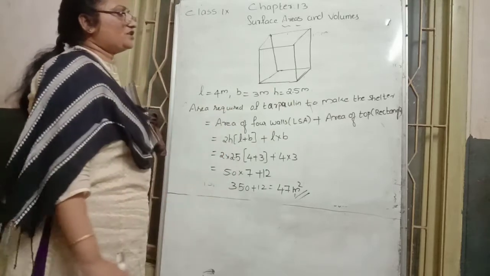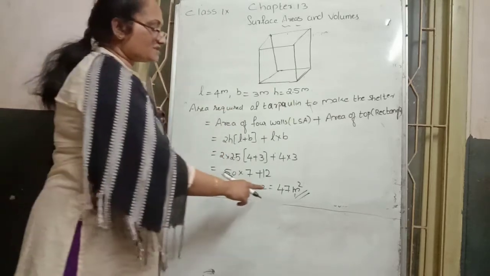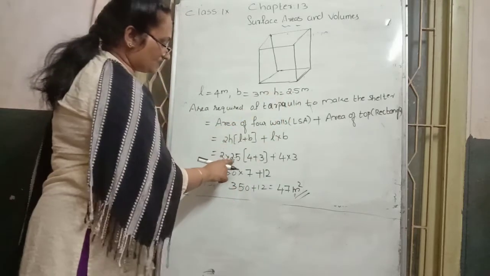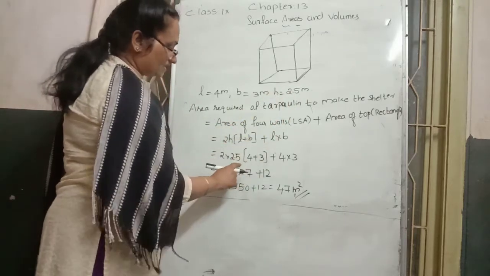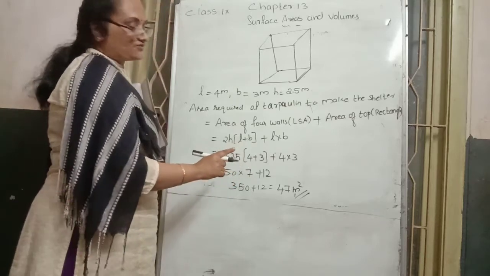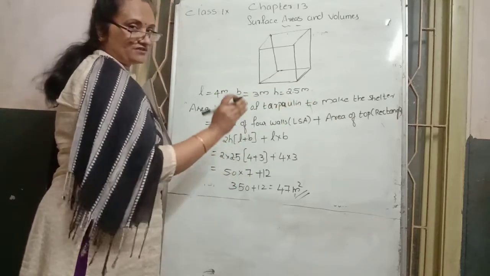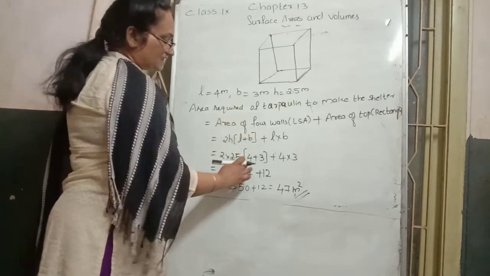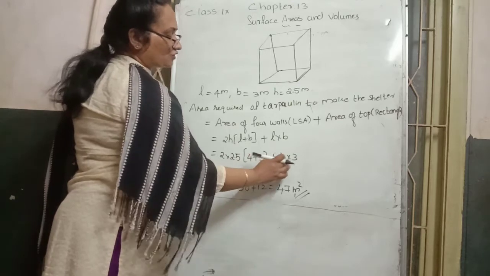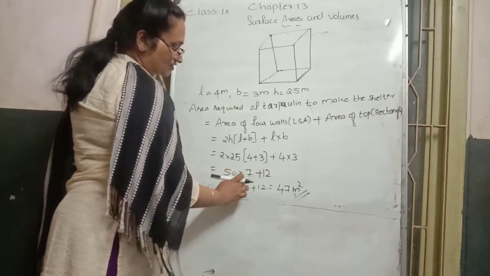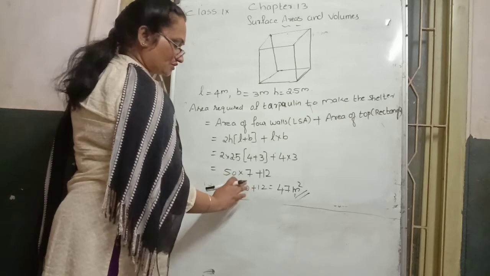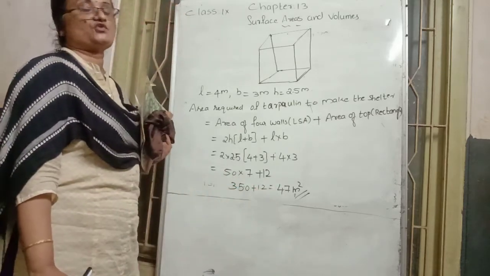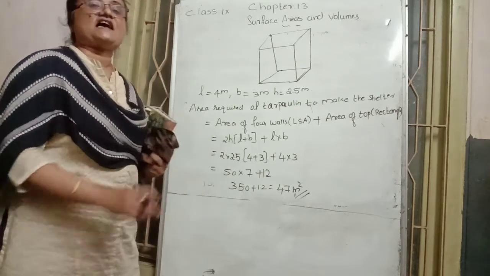So remember, it is not 25 meter, it is 2.5. 47 meter square is the answer.